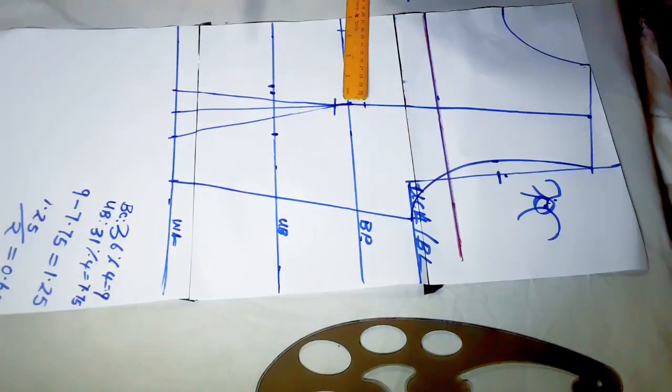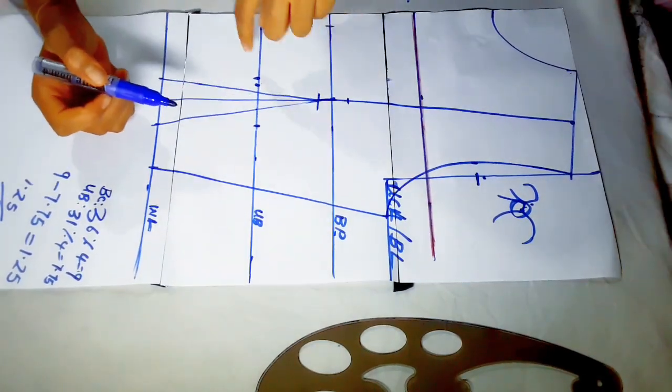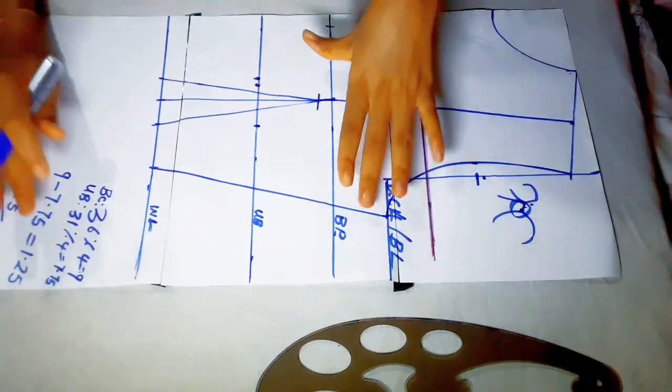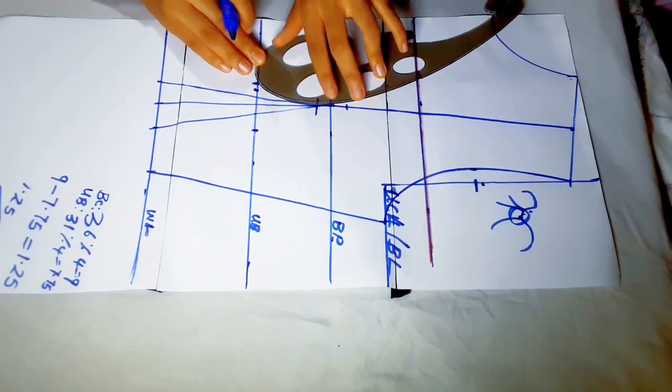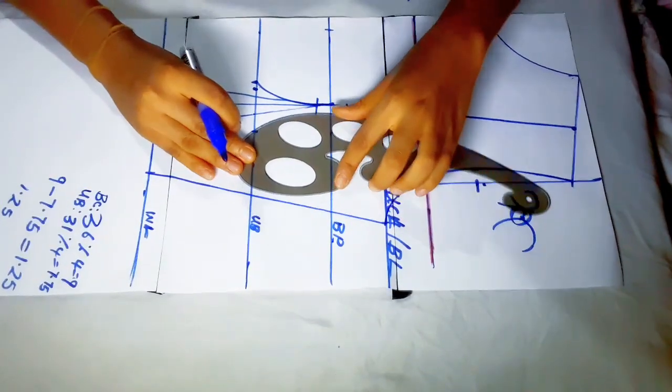Now what you want to do is to make a curve. When you use a curve, it gives more contour, and it contours the cup and gives it a really nice shape. So you should use a curved ruler or pattern master if you have one. I'll make sure I connect it to this line, and I'll do the same to this side.